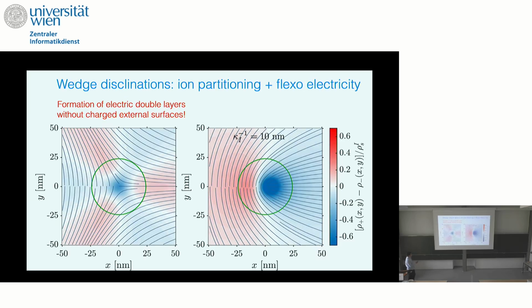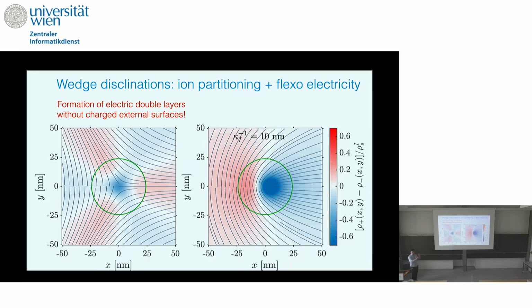And if you combine the two, you get a superposition of the two effects. So you get ions that preferably reside in the core of the defect, and then some interesting effects due to the flexoelectric effect. Here I would like to emphasize that you do not need external charged surfaces for these charging effects of defects, because typically we have in mind that an electric double layer forms next to a charged surface.